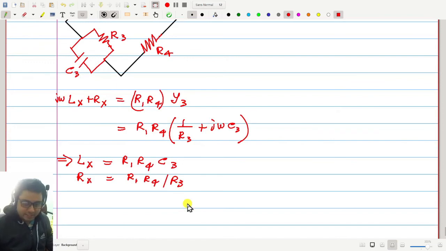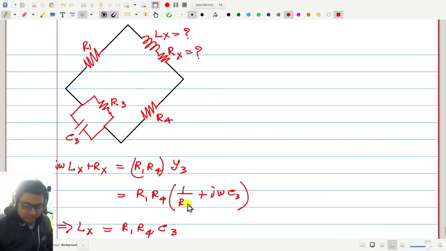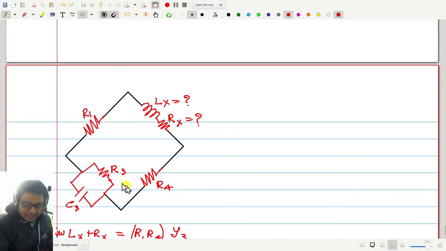Why should I unnecessarily go for such a long process? So this is the idea of a product bridge. This makes life so simple. Just to tell you, this particular bridge is called Maxwell's bridge. You don't have to remember the name at all.